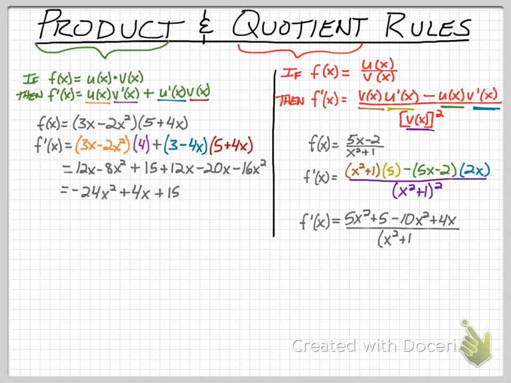We're just going to bring x squared plus 1 squared down with us. Simplifying the numerator, we have negative 5x squared plus 4x plus 5 over x squared plus 1 squared. There are not any common factors in the numerator or the denominator, and that numerator actually cannot be factored at all. So we can leave it like this.